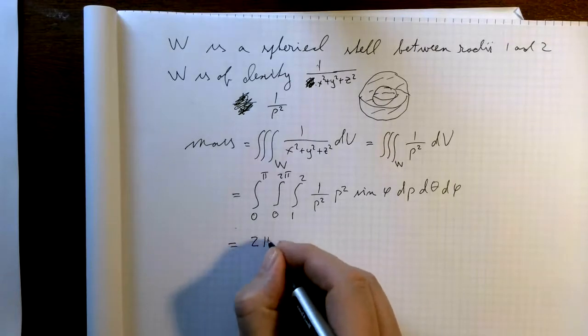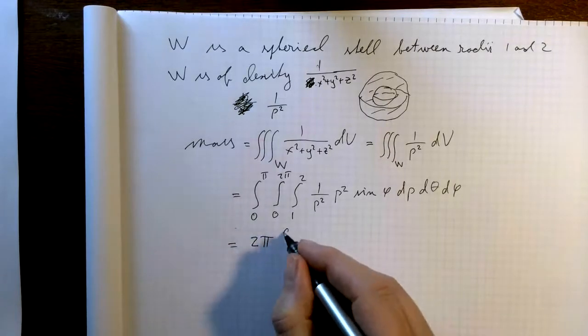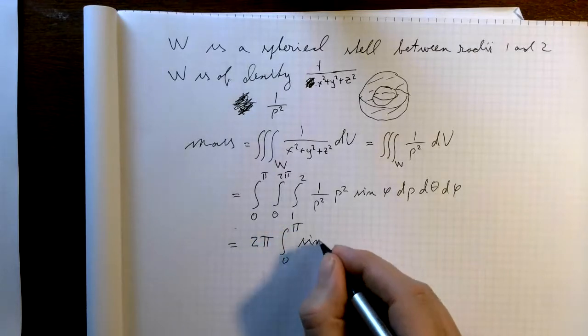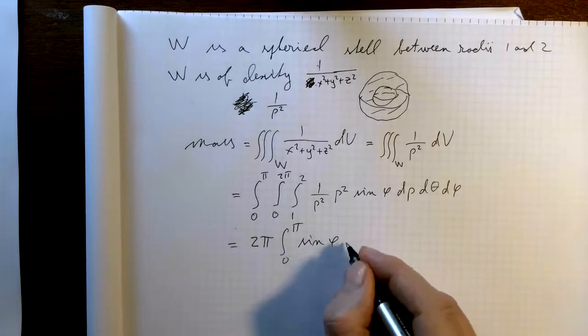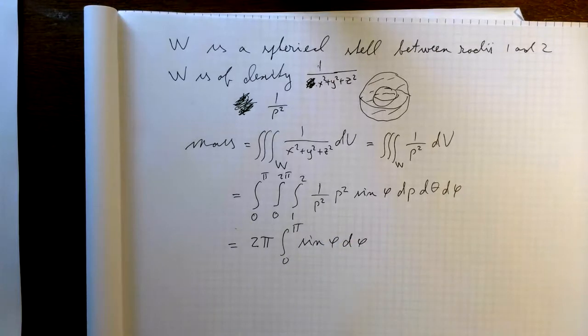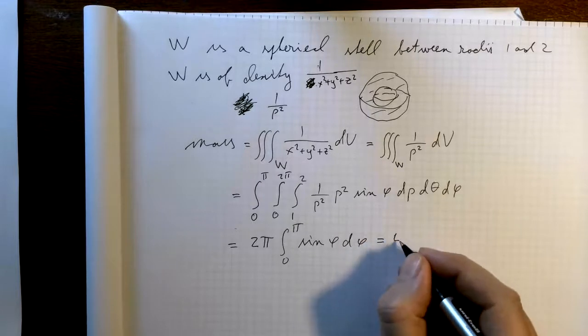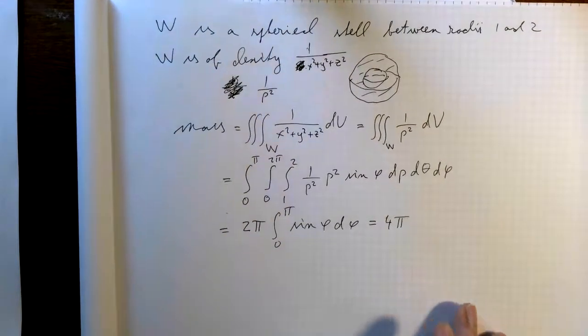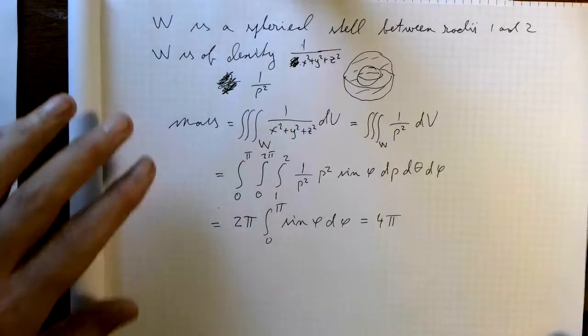So this is really 2 pi times the integral from 0 to pi of sine phi d phi, right? And I'll let you compute this. This is 4 pi, right? And again, this looks much more complicated than it is. But once we write it in spherical coordinates, it's actually quite simple.